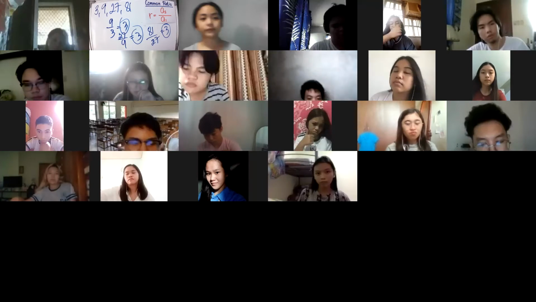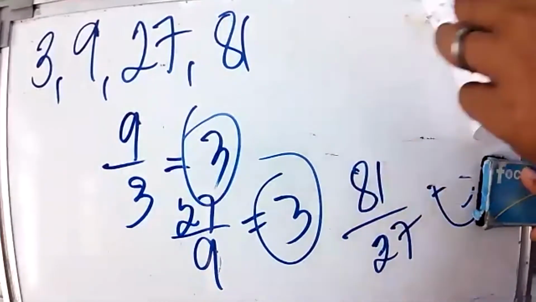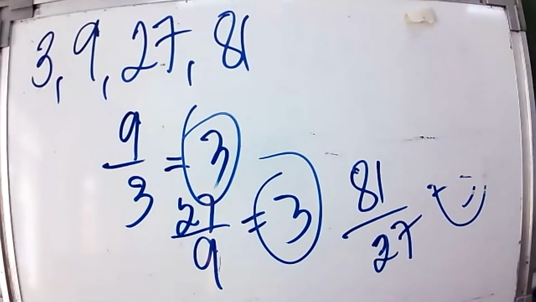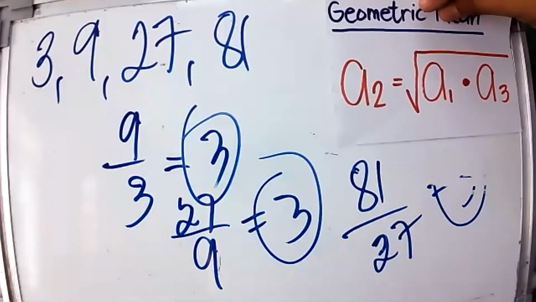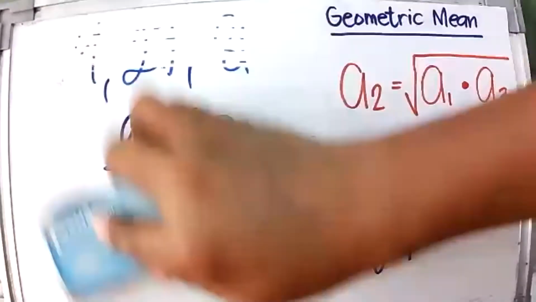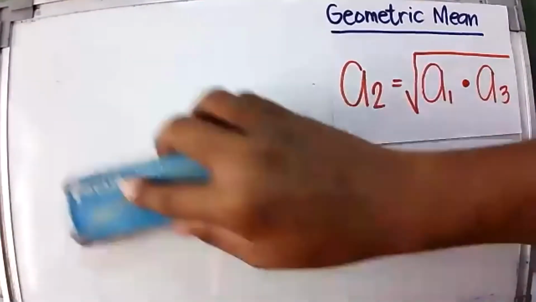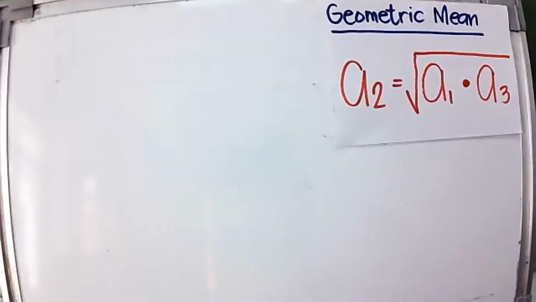Okay. Now, let's have this. Very basic. Let's now have the geometric mean. We're just doing the preliminaries before the common concerns, because the common concerns of your classmates are more about the geometric series, finite and infinite.